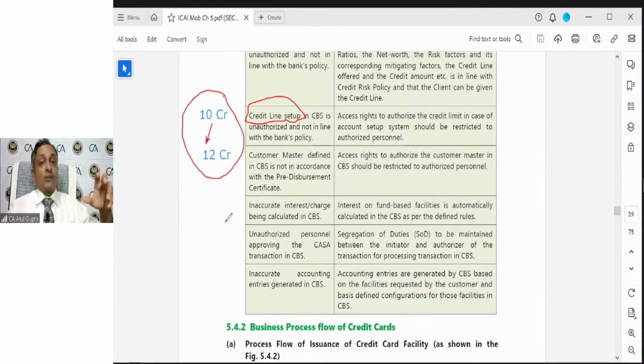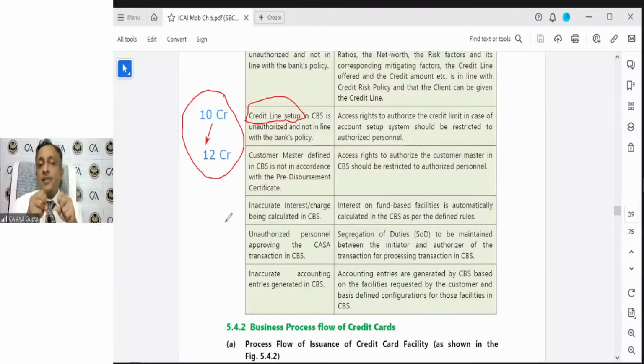Even if an authorized person is making a change, the transaction is mandatorily captured in the system so that follow-up can be done. If something goes wrong, responsibility can be fixed. Beyond that, if an unauthorized person is able to access the bank system, it is going to be a disaster.